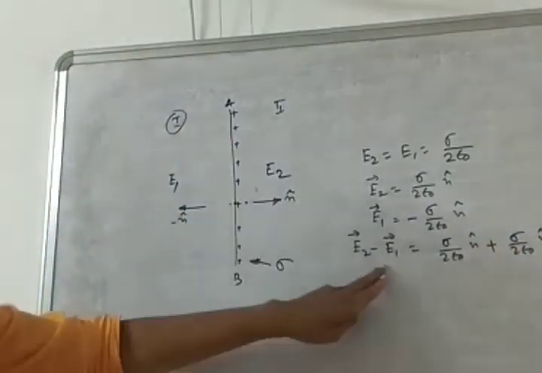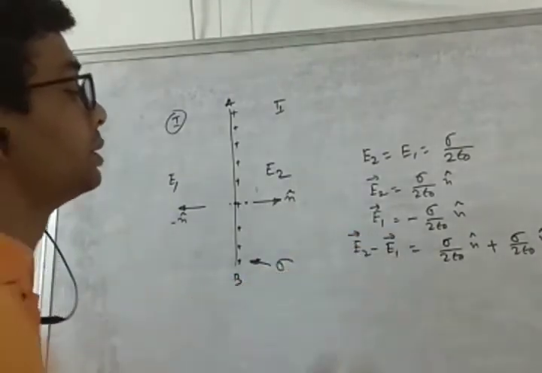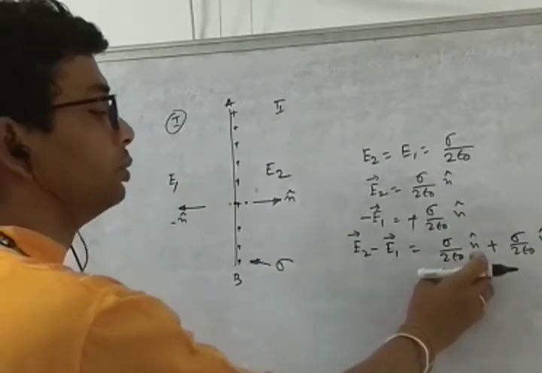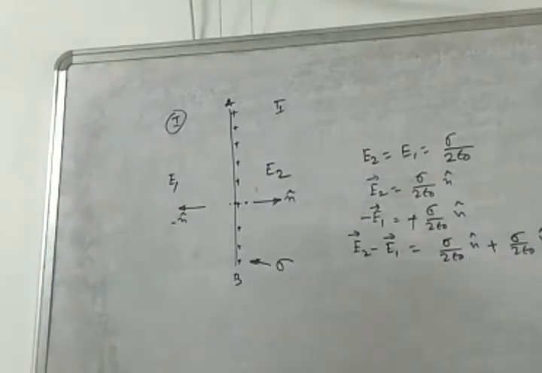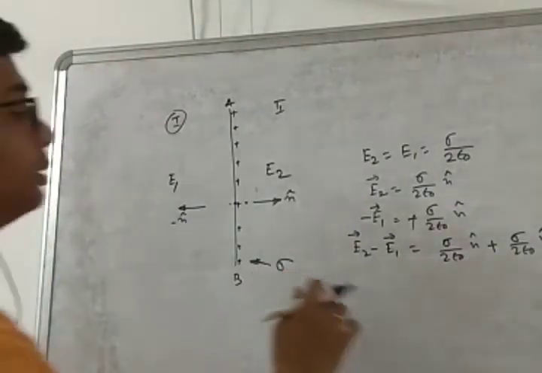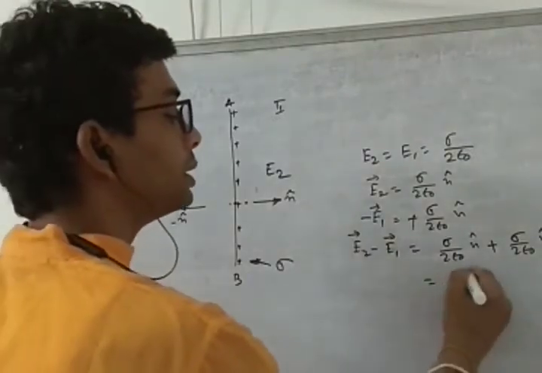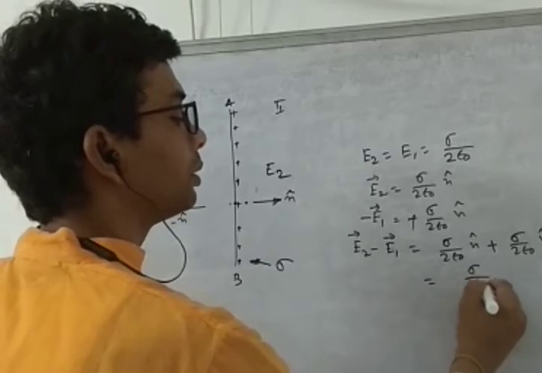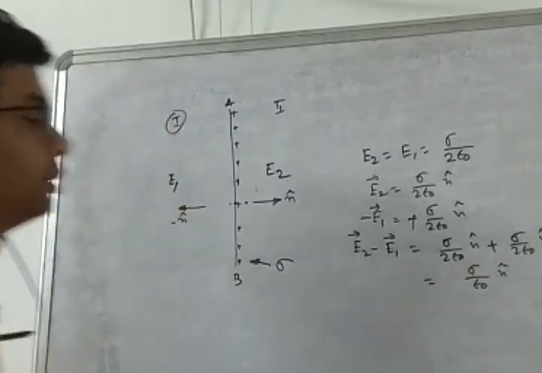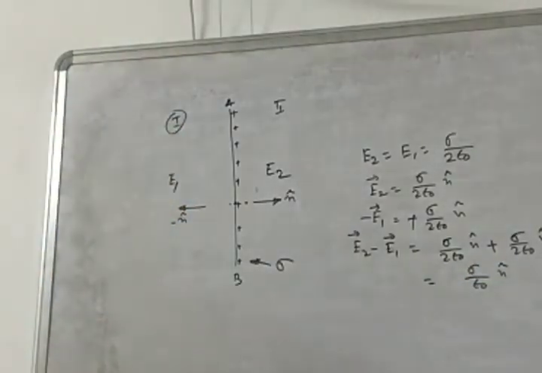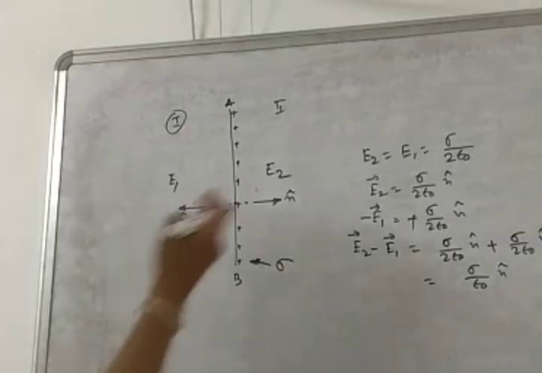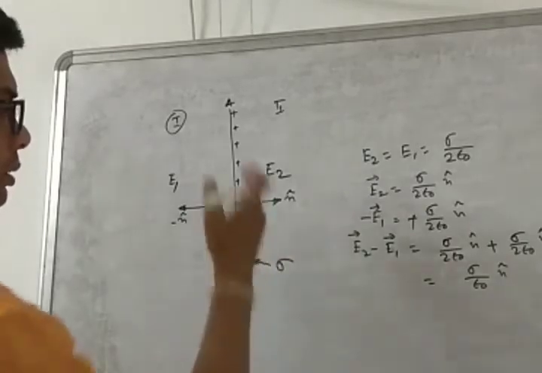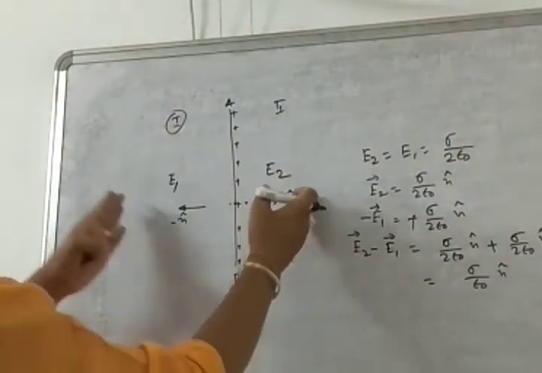So E2 minus E1 means this is E2 and this is for minus E1, and adding these two, this is sigma by epsilon naught n hat. This is E2 minus E1, the difference of electric field vector from this side and this side.